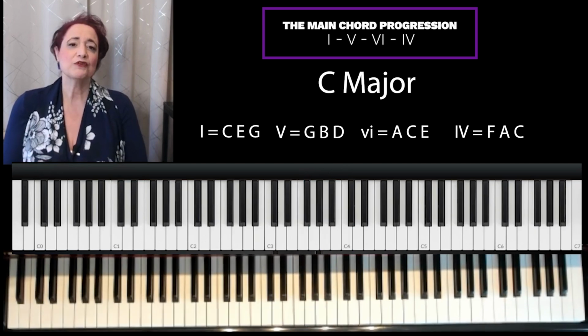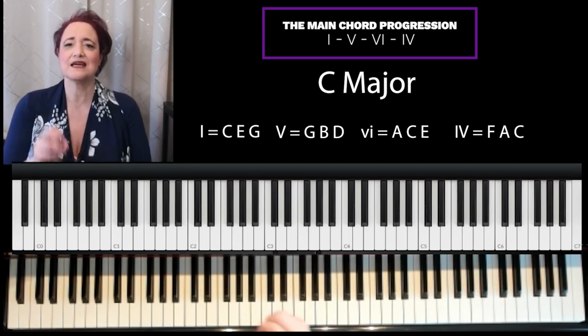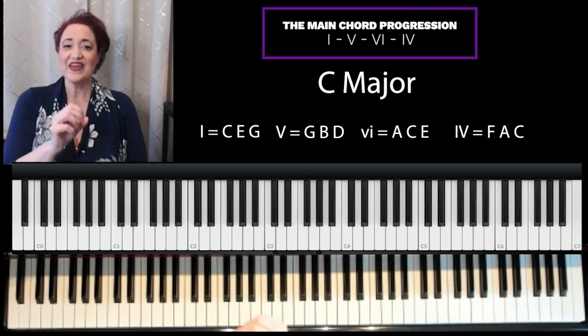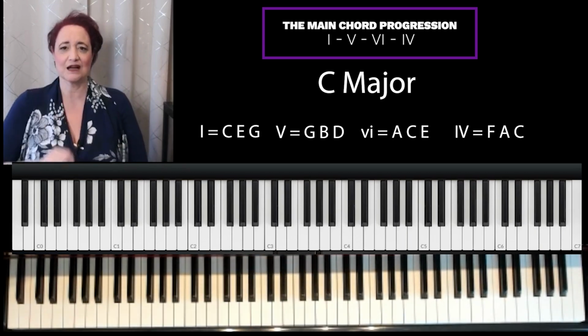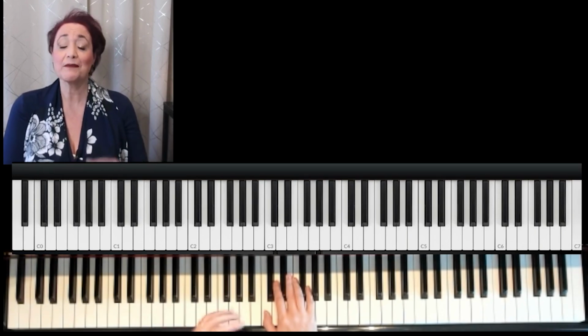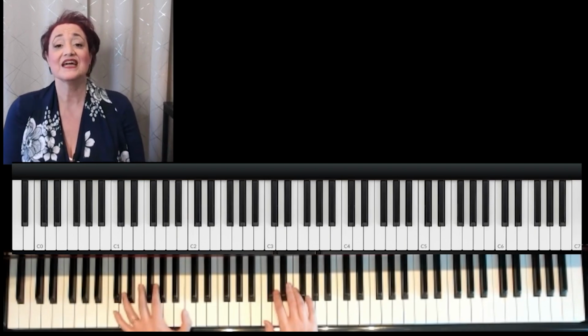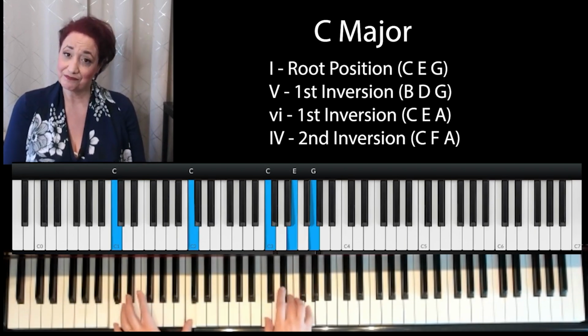So now you put those 4 chords together and boom, you get a progression that's emotional, versatile, and incredibly singable. So what I'm going to do is play this chord progression, but I'm going to use some inversions. So we're going to play the C major chord in root position.